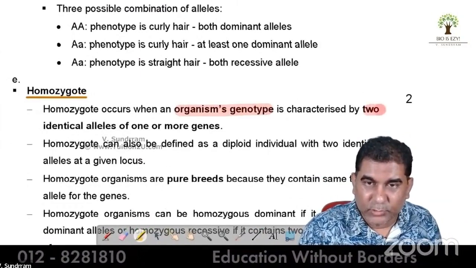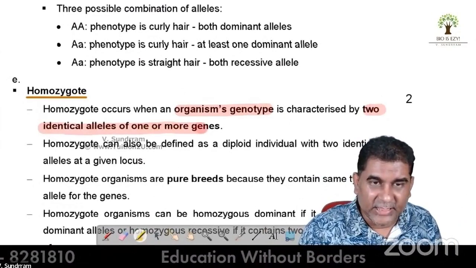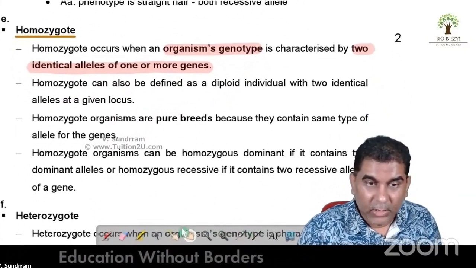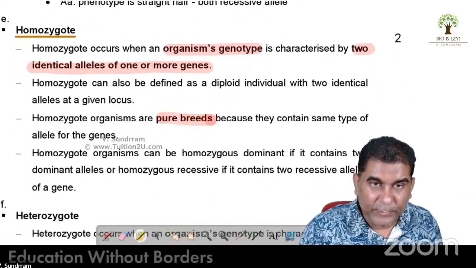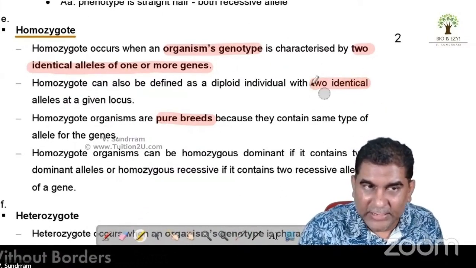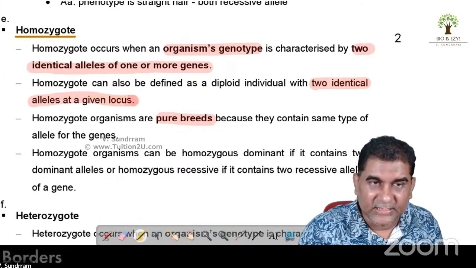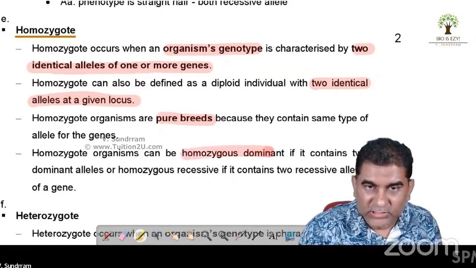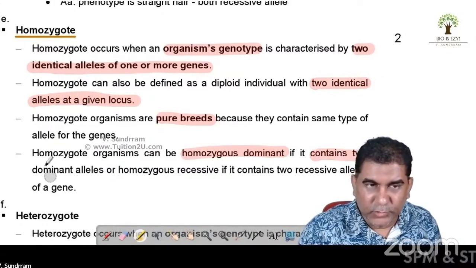Organism genotype, 2 identical alleles for one or more genes. Homozygotes are purebreds. They have 2 identical alleles at a given locus. Homozygous dominant if 2 dominant alleles.